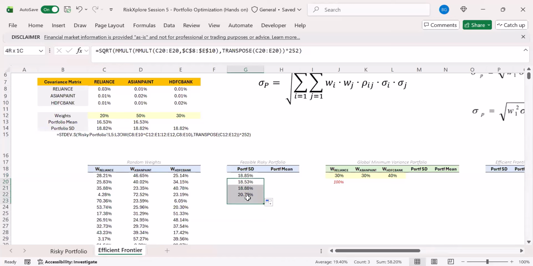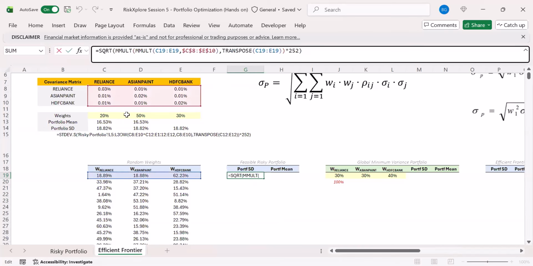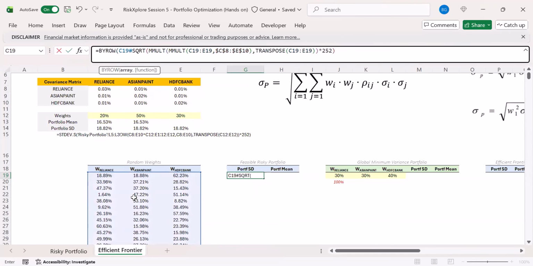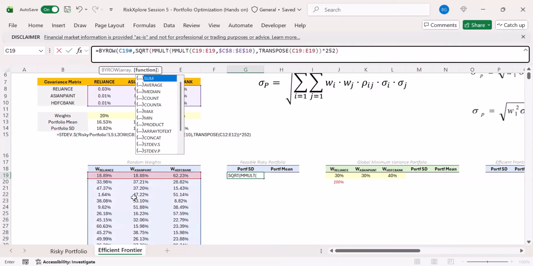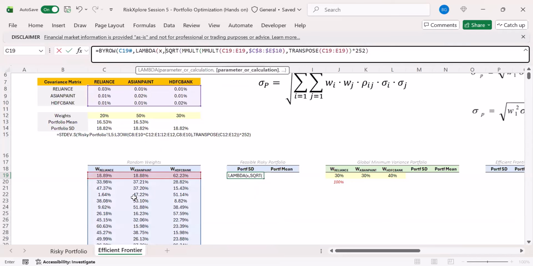Now, is there a way such that we don't have to drag this formula down and can dynamically get the results? Yes, we can do that. For that, we can use the BYROW function. BYROW, select this array. For this array, what operation do we have to perform on every row? Let's use a LAMBDA function here, and let's say we refer to each of the rows as x.